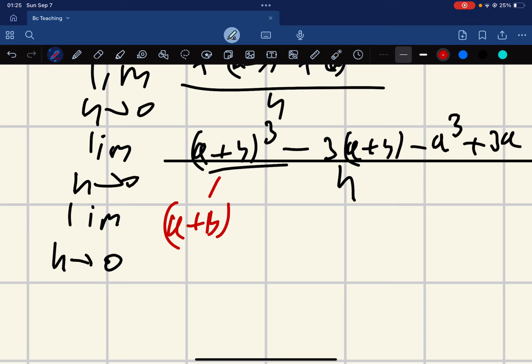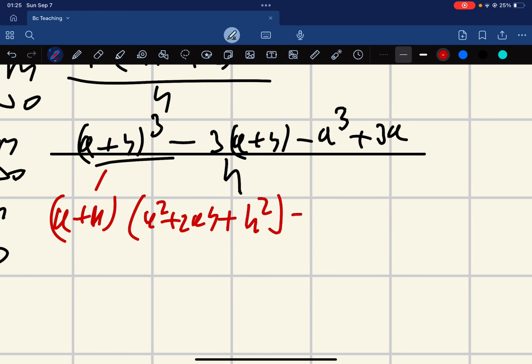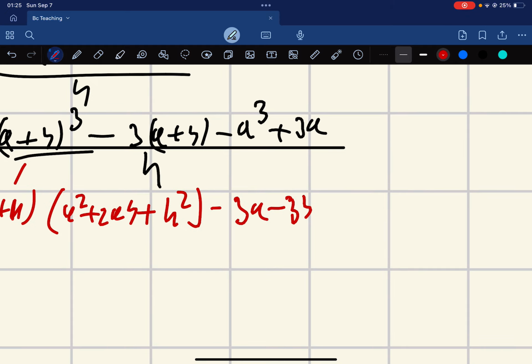It'll be a plus h times a squared plus 2ah plus h squared, minus 3a minus 3h, minus a cubed plus 3a. That's nice, because then these two go away.